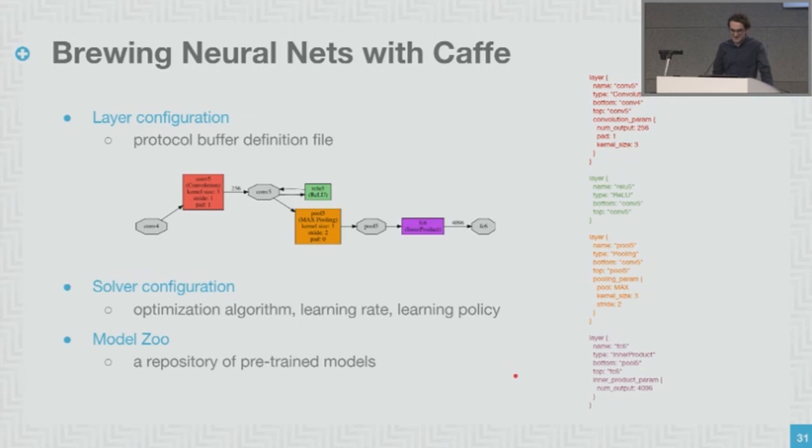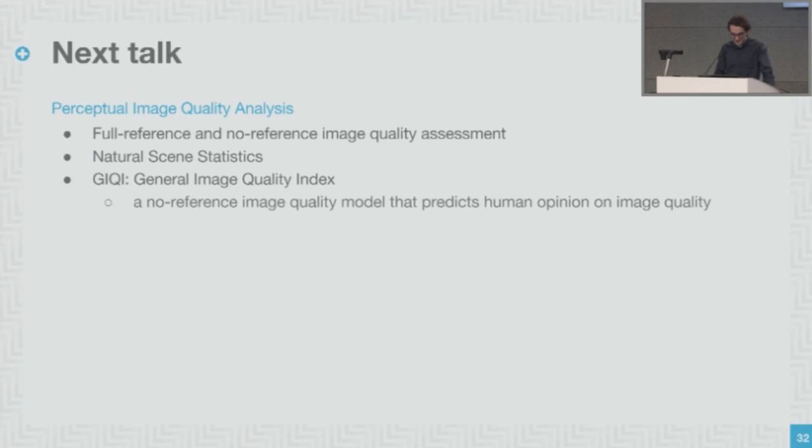One of the things I like about Caffe is a repository called the Model Zoo. It's a user-contributed repository of pre-trained models. You can use these models as is, or use them to fine-tune your projects. There's a variety of pre-trained models in the Model Zoo.